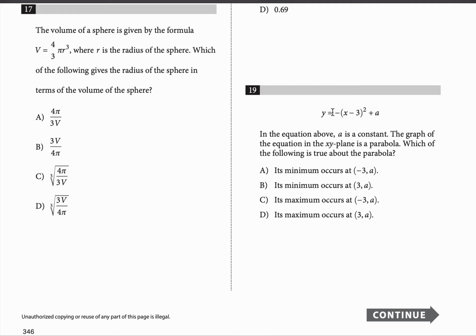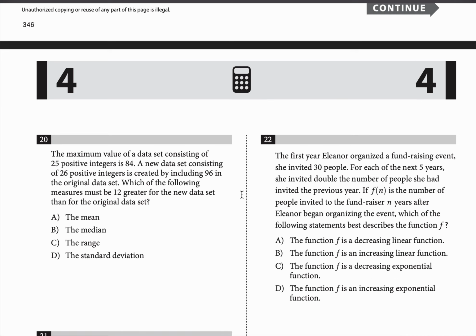So if we know it's downward facing, then we know we're looking at a maximum. Yeah, maximum makes sense because 0 is the most positive we can get, because all other values are going to be negative and bring it down. So D, okay.